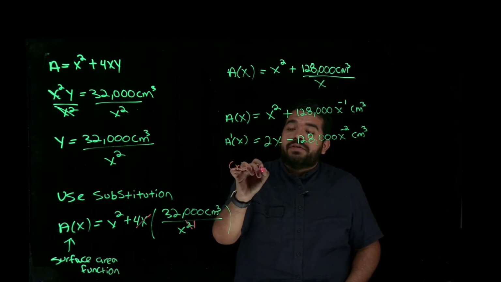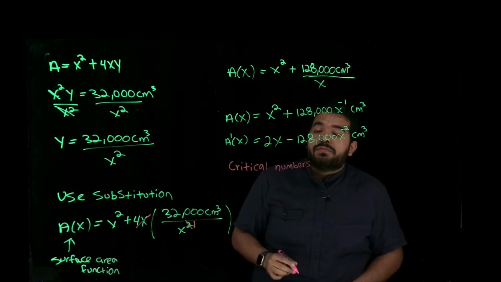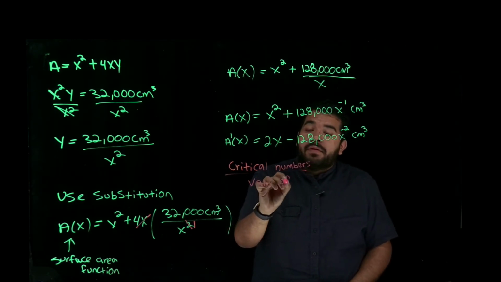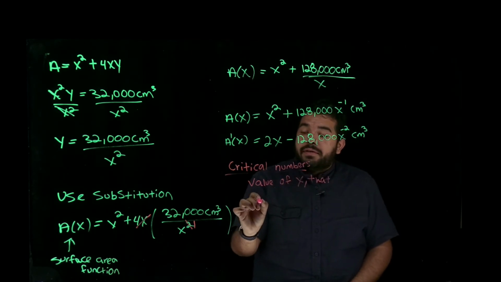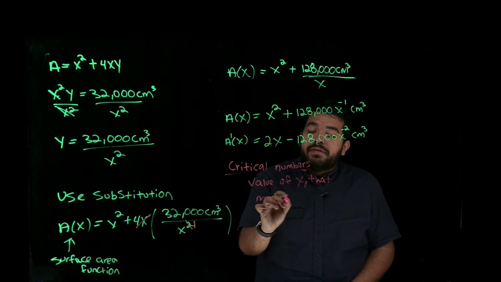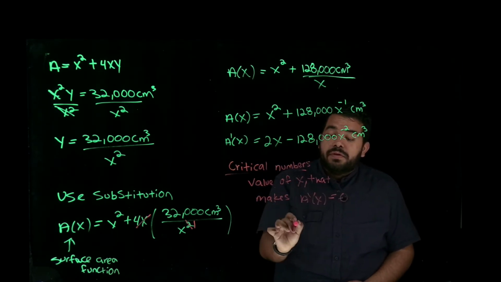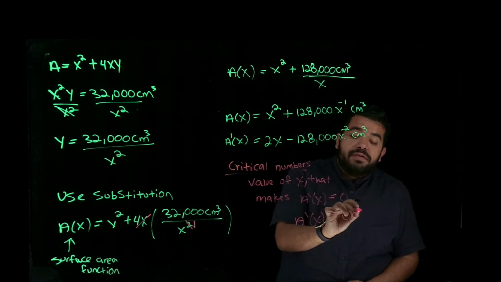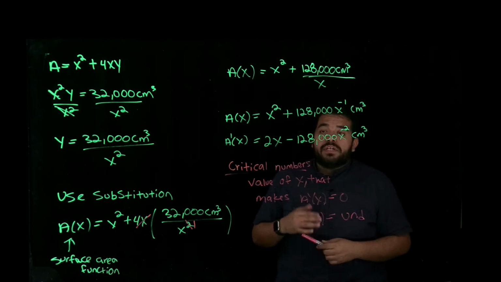Critical numbers for our example are going to be values of x that make the first derivative equal to 0, or make this function undefined. All right, so let's go ahead and continue.